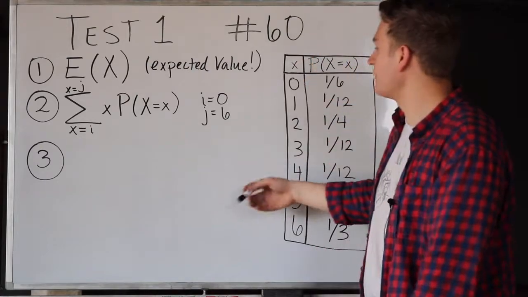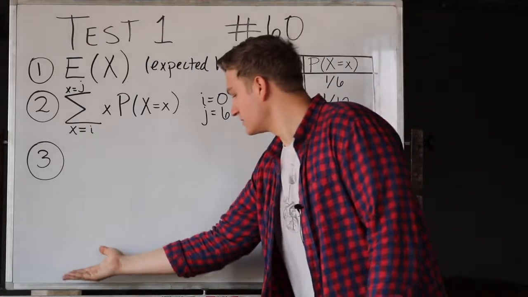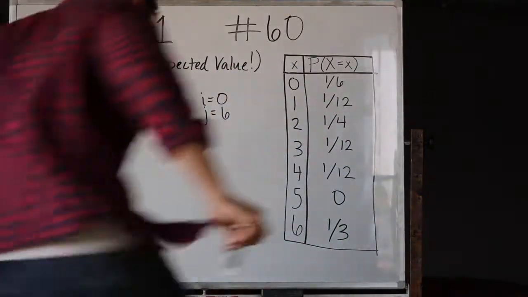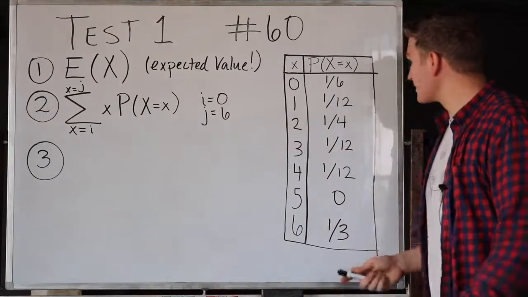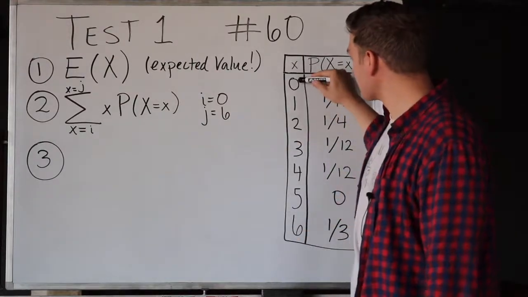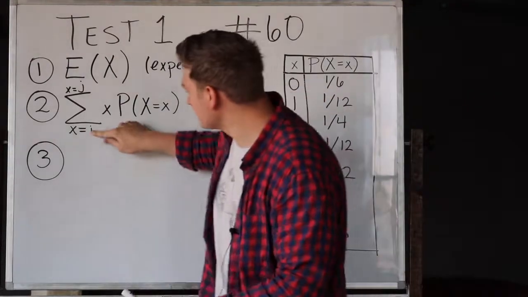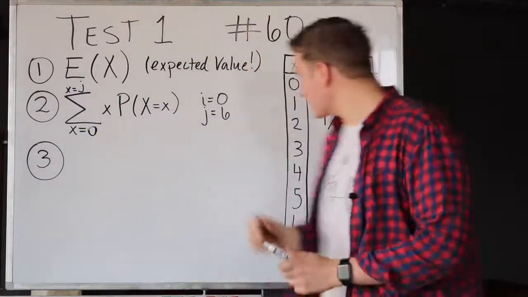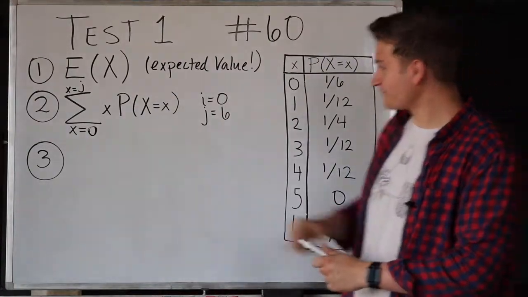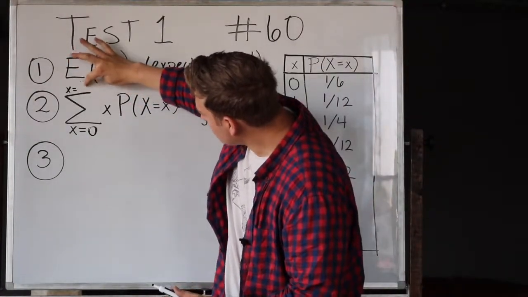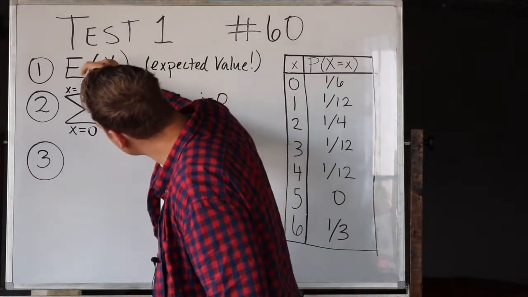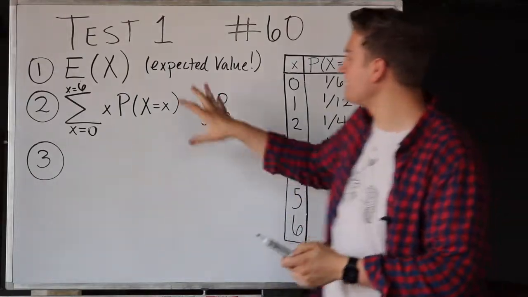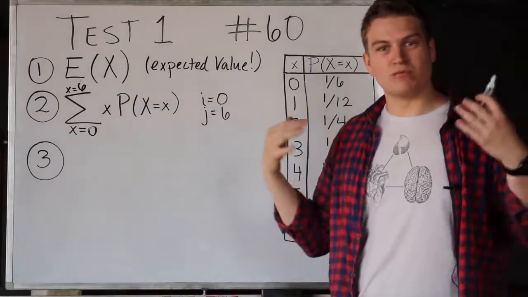We know from our table that the starting value for x is 0. So our index is going to be 0. We also know that the highest value of x, our endpoint, our upper limit, is going to be 6. So we are going to take the sum from x equals 0 to x equals 6. And let me show you how to take this and put it into a more digestible form.